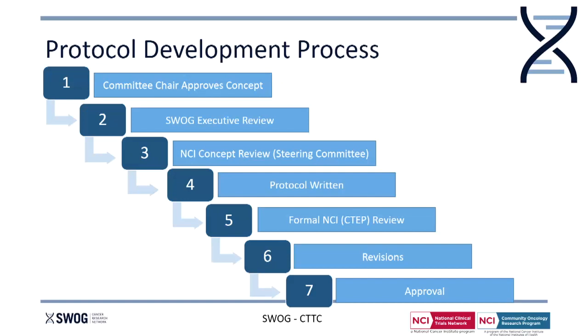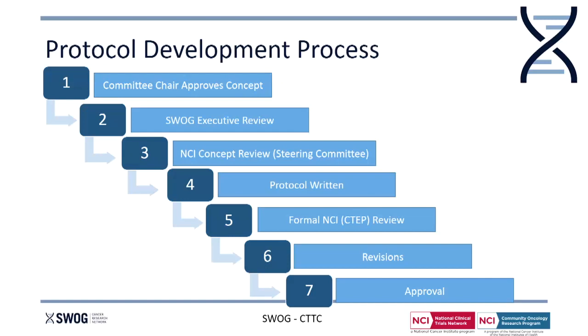Once the committee chair has approved a new proposal to move forward, then there's a next step where those proposals go to SWOG executive review. The executive review committee members are comprised of our group chair, vice chairs, and executive officers, as well as some key administrative staff who really look closely at the feasibility of the study, the appropriateness for doing it within SWOG.